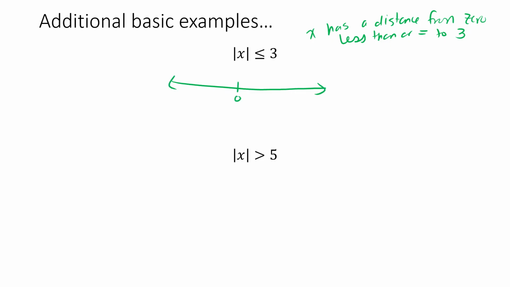There's the 0, there's the distance from 3, and we've got the distance from 3 in both directions. So it's still all of the ones here, but now it could also be equal to 3. And so the -3 and the 3 are now included, because we could have a distance of 3.